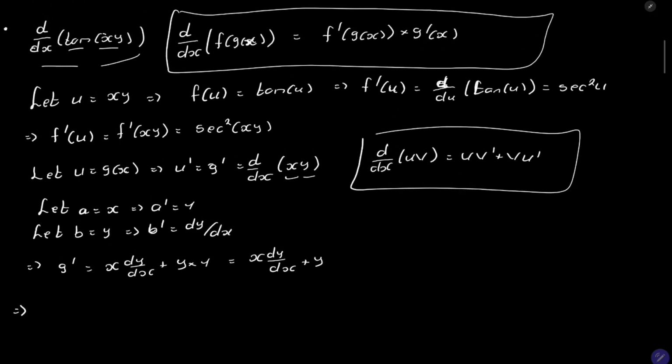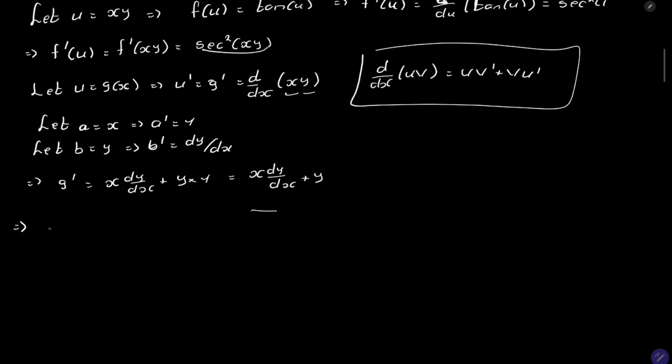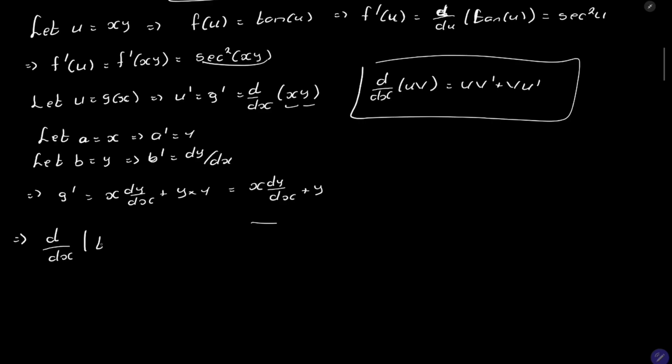So we can then conclude that our function, which is f prime of g of x times g prime of x, that is the derivative with respect to x of tan of xy, gives us sec squared xy times x dy on dx plus y.